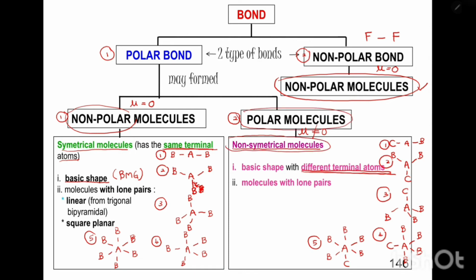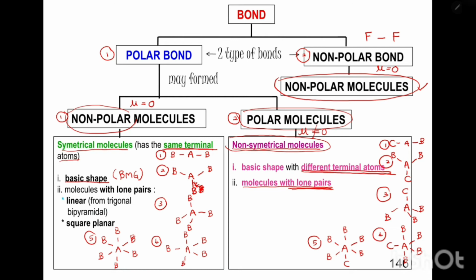How about molecules with lone pairs? We have some molecular shapes with lone pairs. We have bent, we have trigonal pyramidal, we have T-shape and so on. All molecules with lone pairs are actually classified as non-symmetrical molecule, because it has a lone pair.